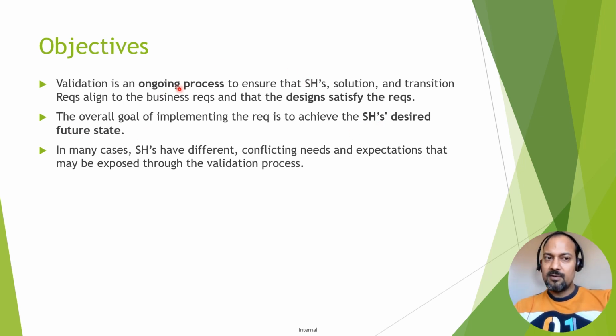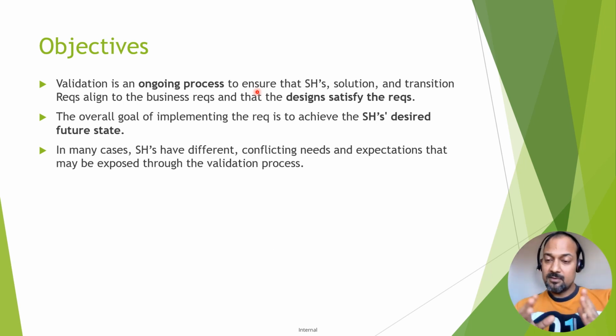Here, in the first line, validation is an ongoing process. It says that even if the requirement has been released and we have officially gotten sign off from the user, still when the customer and the end user are working on those applications, if they find any issue during that period of time, they can report it back to the support team, and the support team or a help desk would be fixing those issues because those are impacting the business.